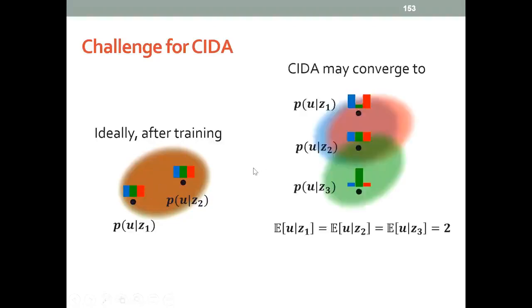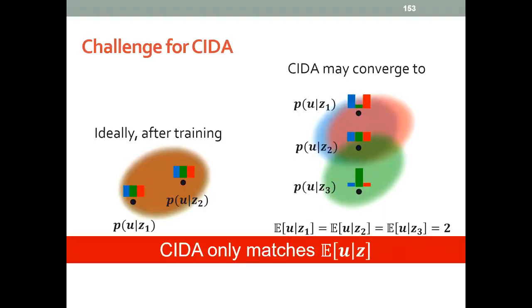But with some theoretical analysis, we find that the vanilla version of CIDA can only guarantee to match the expectation of the domain index. For example, it may converge to something on the right here. If we look at these 3 embedding points, they actually have the same expectation, but they have a very different distribution of domain index.